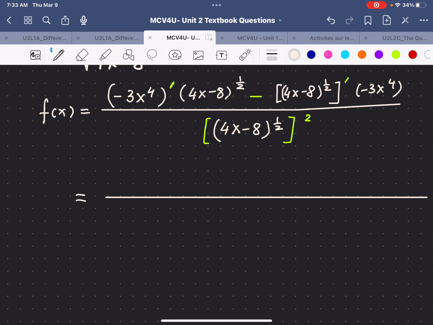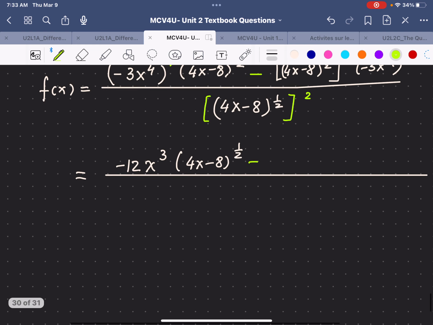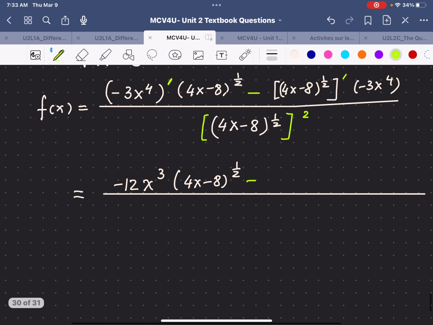There we go. And the derivative of negative 3x to the power of 4 is negative 12x to the power of 3. We're multiplying by 4x minus 8 to the power of a half. And then subtract the derivative of the denominator, which, as you can see, has a small chain in here.